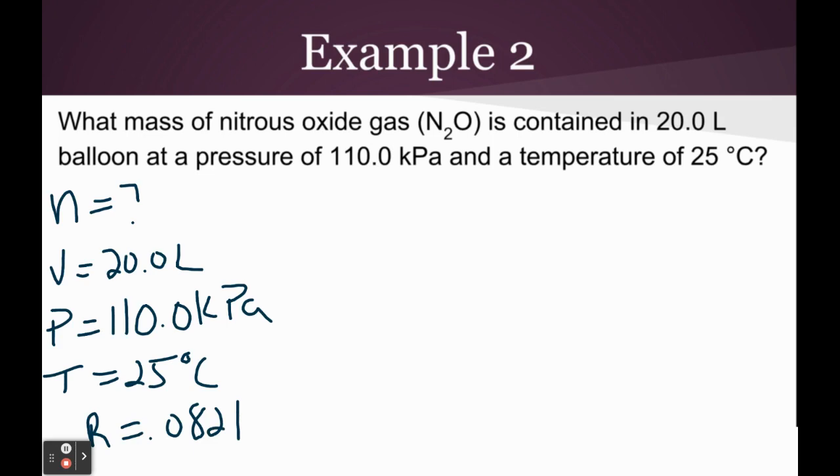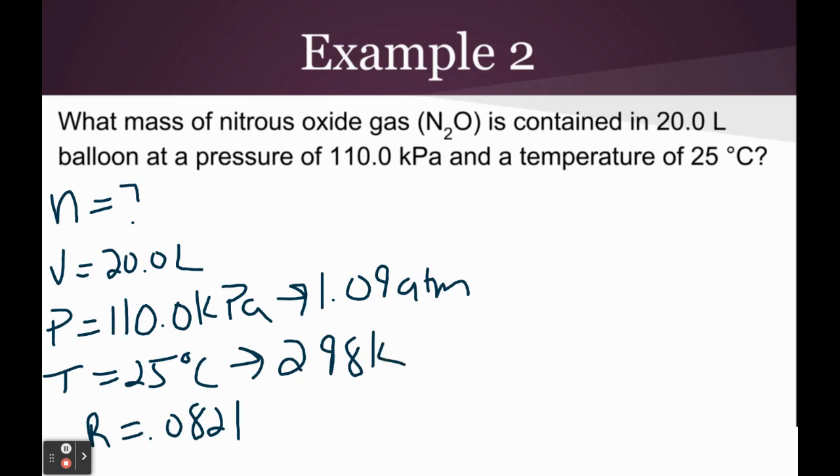So we need to make sure that all of our variables are in the correct units, so we need to convert kilopascals to atm. So when you do that, you should get 1.09 atm. And temperature needs to be in Kelvin, so add 273, and that gives us 298 Kelvin. So we're going to, again, plug all of that into our ideal gas law.